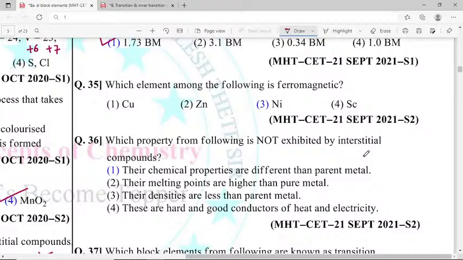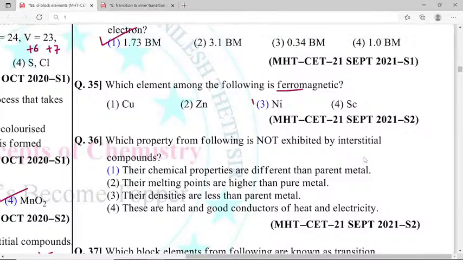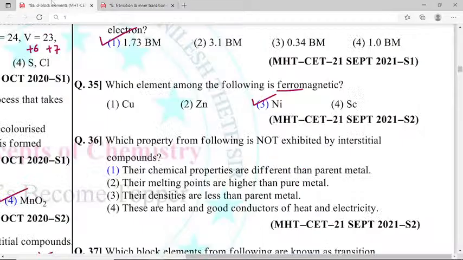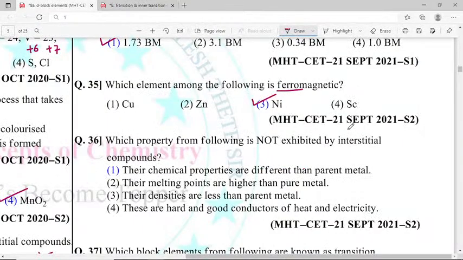Which element among the following is ferromagnetic? Nickel is ferromagnetic because it contains a higher number of unpaired electrons. That's 3d8, 2 unpaired electrons.